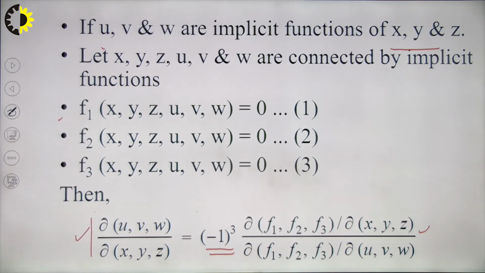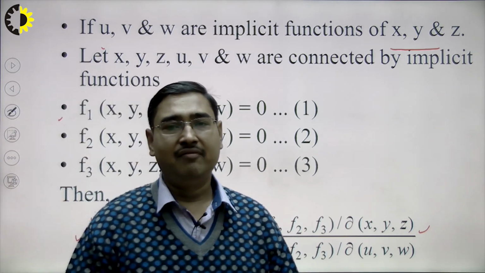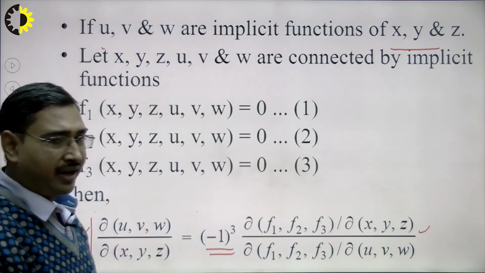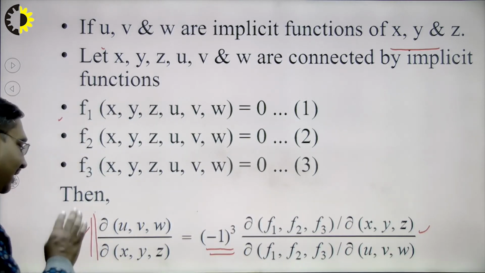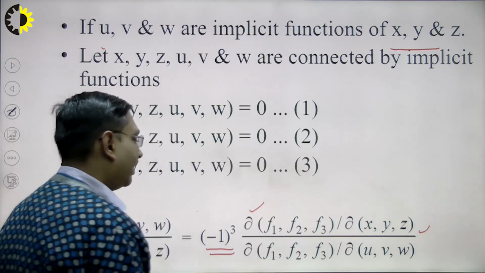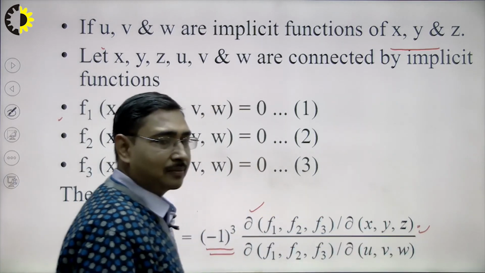What have I said? I said that if I have some mixed relations involving 3 variables and 3 functions, then to find this Jacobian del(u, v, w) over del(x, y, z), what is required? Calculate the Jacobian del(f1, f2, f3) over del(x, y, z).